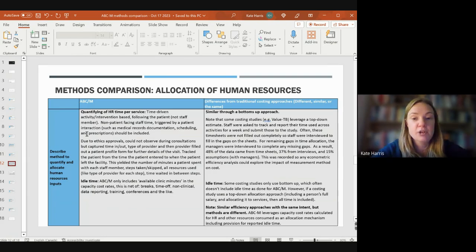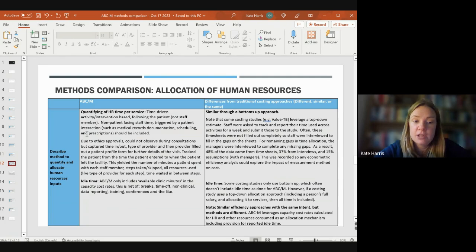Now to talk about human resources, this is often one of the biggest cost drivers in unit cost, so it's important to understand how it is quantified and how it is allocated. For activity-based costing, this is the time-driven activity intervention-based approach that follows the patient, not the staff member, in order to quantify how much time is spent with them.